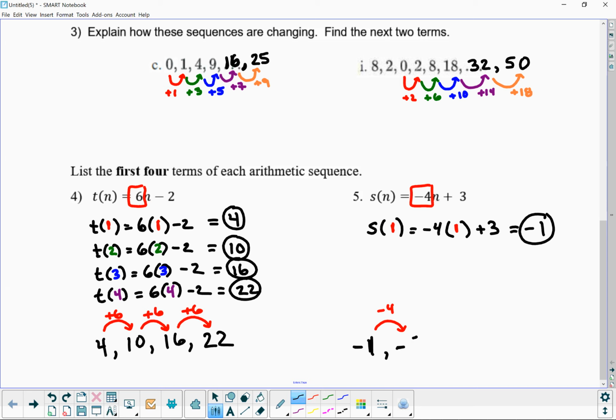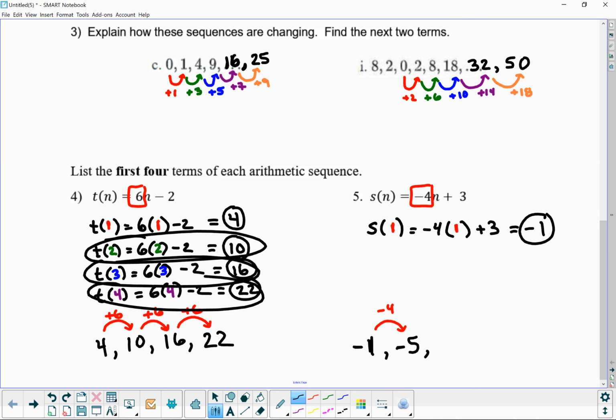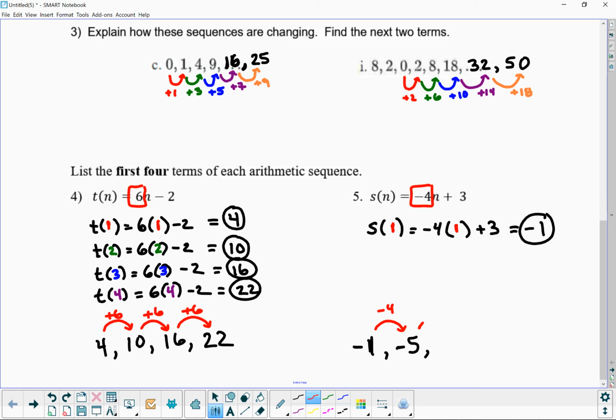You see how easy that is? I don't have to do the whole second one, the third one and the fourth one. I'm just going with the next one and the next one. Next one, I'm going to subtract 4. So negative 5 minus 4 is negative 9. And then negative 9 minus 4 gives me negative 13. In this case, I've found my 4 terms.